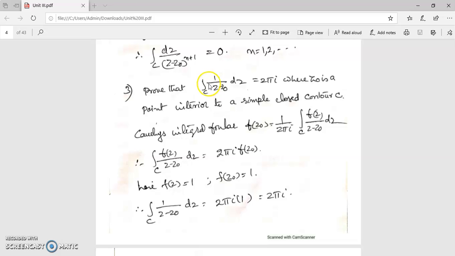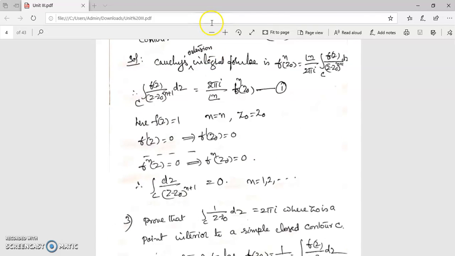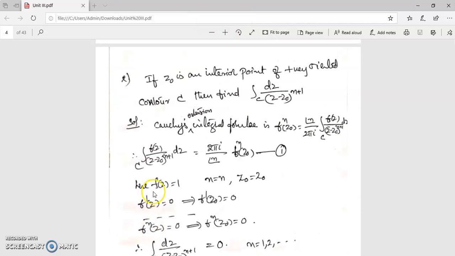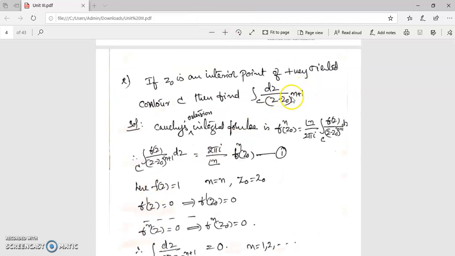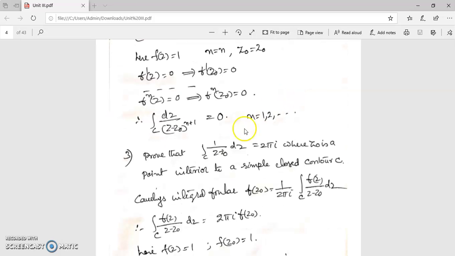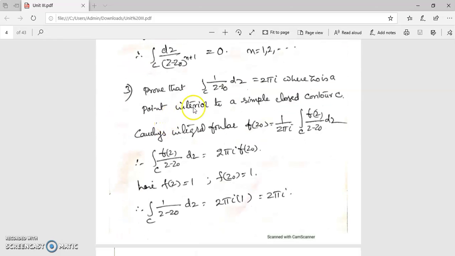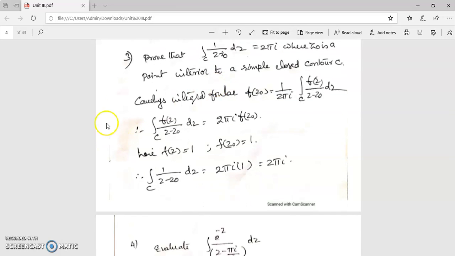Prove that integration of 1 by z minus z0, before that, z minus z0 whole power n plus 1. We have first here z minus z0 only power n, therefore at n is equal to 0, Cauchy's integral formula is f of z naught is equal to 1 by 2 pi I into fz by z minus z naught dz.